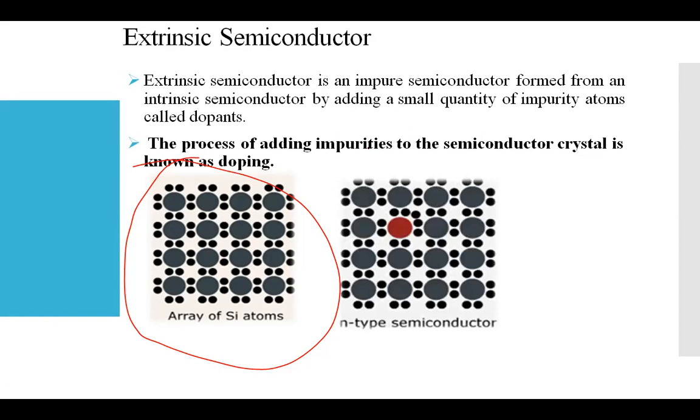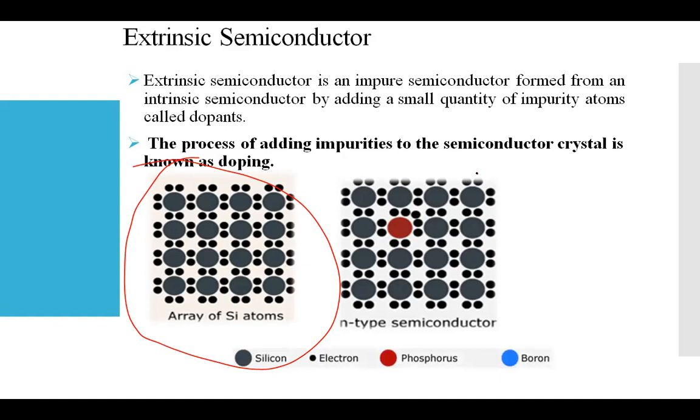The process of adding impurities to the semiconductor crystal is known as doping, which we already discussed. Now you can see in the second diagram there is a red color, and the valence electrons are different compared to the previous diagram. So this is the extrinsic semiconductor, and this is the difference you can identify from this picture.